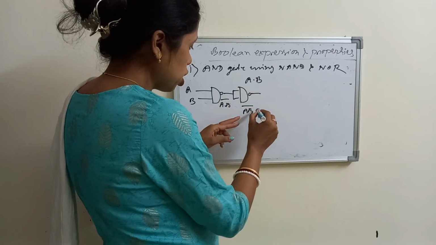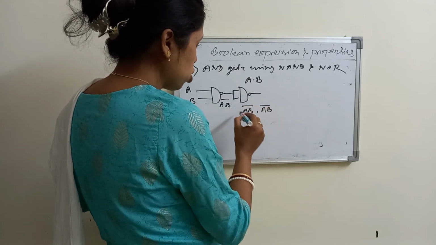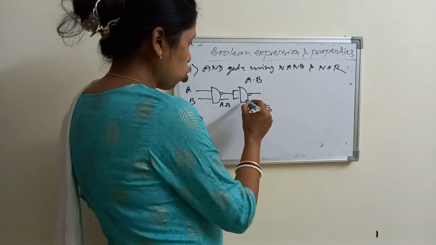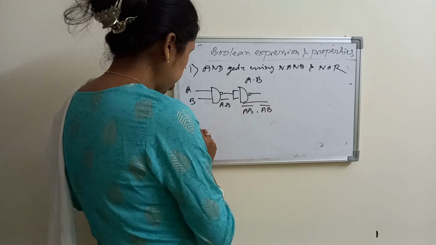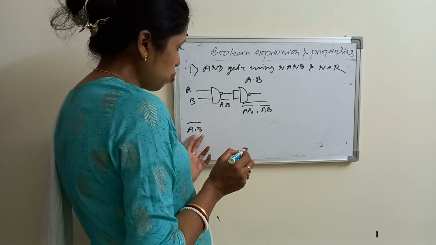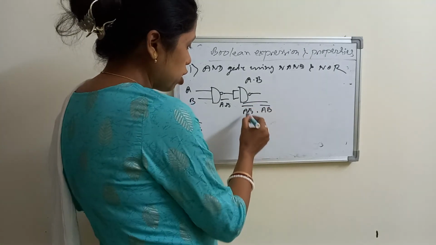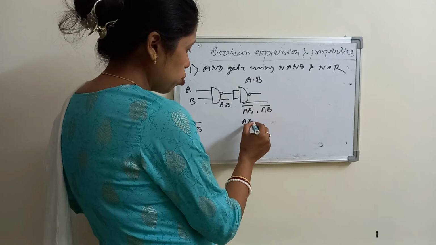That means logical multiplication of two inputs and then complement, for the NAND gate. If you remember, (A dot B) complement means the complement of logical multiplication.